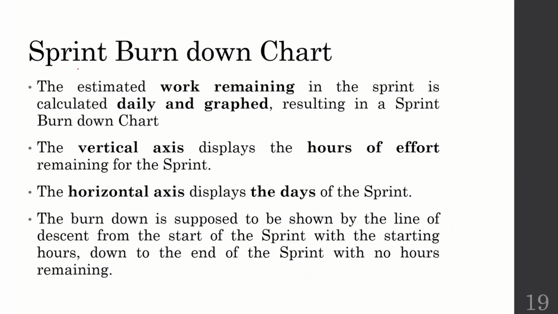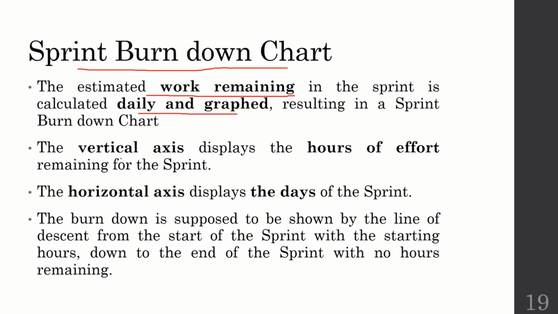Now here is the last artifact, the sprint burn down chart. The sprint burn down chart is basically used to monitor the progress or the amount of work done throughout the sprint life cycle. Here is the formal definition given, that the estimated work remaining in the sprint is calculated daily and graphed. That results in the sprint burn down chart.